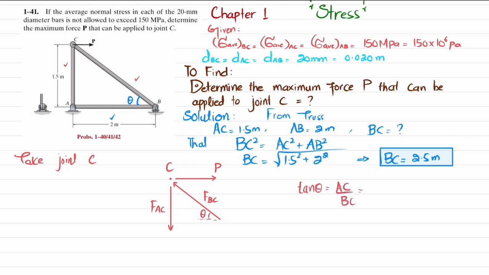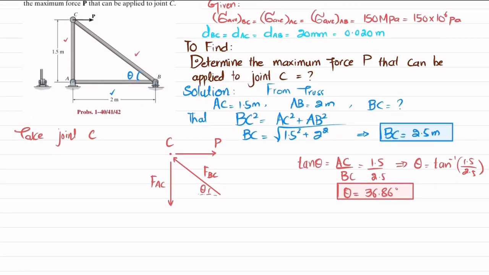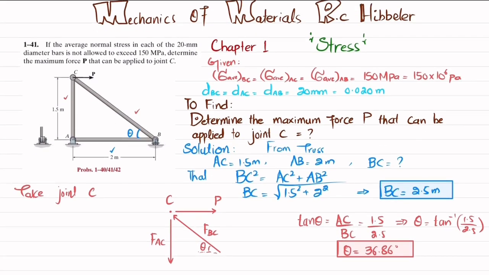The length of AC is 1.5, length of BC is 2.5. So from here we will get theta is equal to tangent inverse 1.5 divided by 2.5. And when you calculate it, you will get theta equal to 36.86 degree.